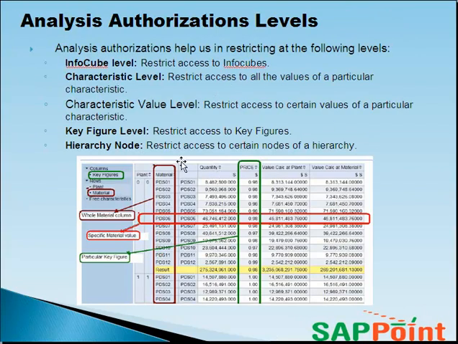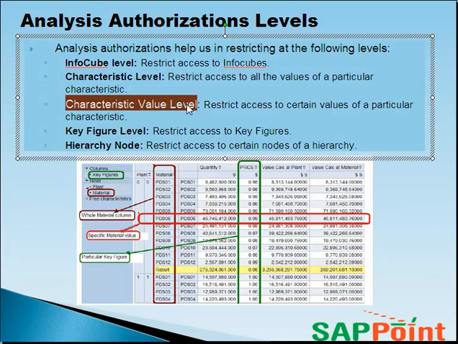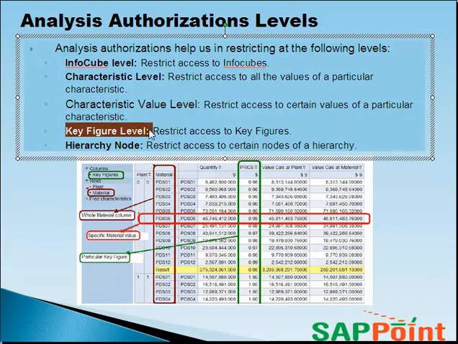We also learned that the security in BI can be built at InfoCube level, characteristic level, and mainly characteristic value level and key figure level. We couldn't do this in the BW system. We could build the InfoCube level security in BW. We could build a characteristic level, that is the plant level security or the company code level security, in BW using the InfoObjects concept.